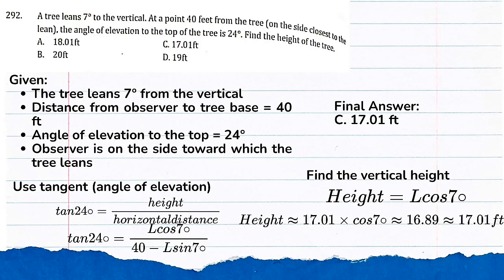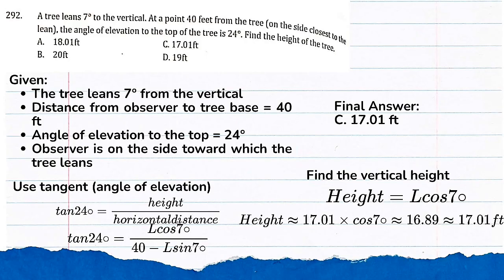Originally, the observer is 40 feet from the base, but the top moved closer due to the lean. So the new horizontal distance becomes 40 - L sine 7 degrees. Now we use the angle of elevation, 24 degrees. Which trigonometric ratio relates height and horizontal distance? That is tangent.